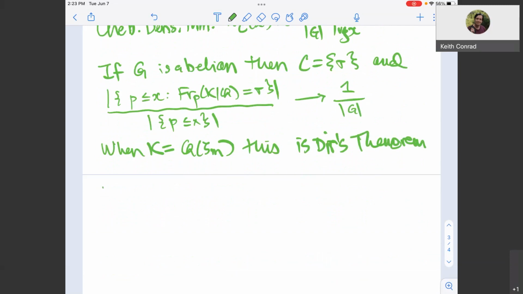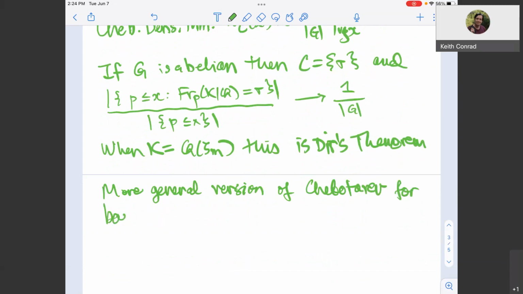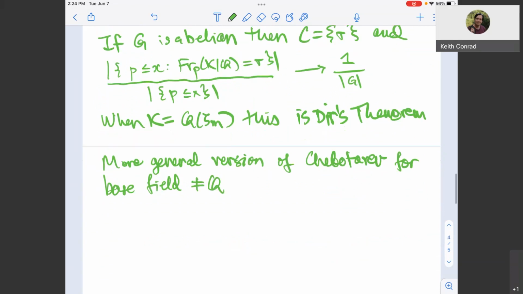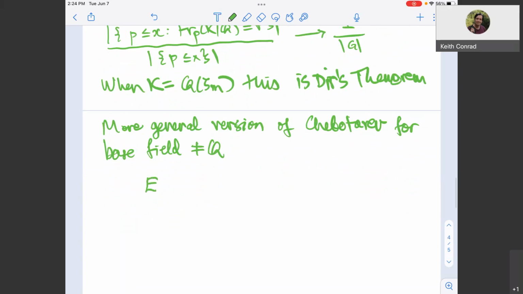So let's see what a more general version of the theorem looks like. We're going to allow a base field not necessarily being Q. Maybe the base field could be Q adjoin the square root of 2, or Q adjoin i, something like that. So instead of Galois extensions of Q, we'll take a number field F. Maybe it's the rationals, but maybe not.